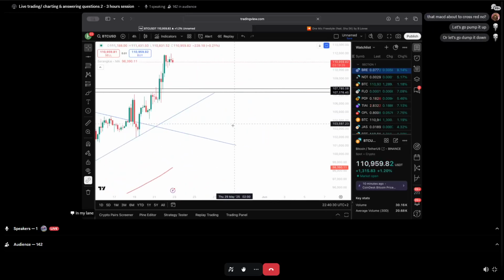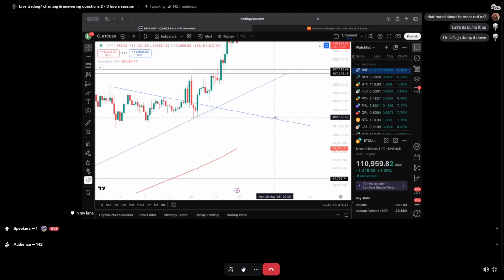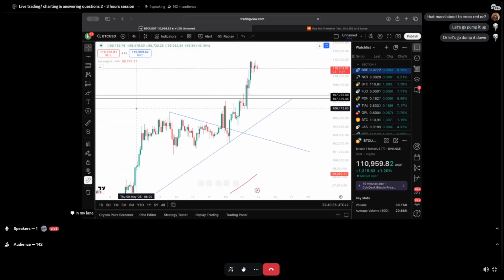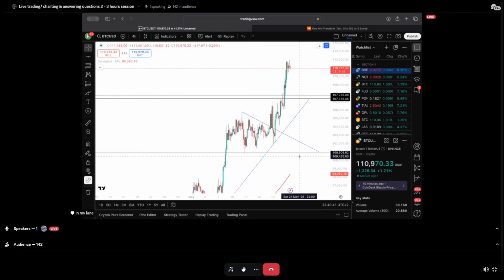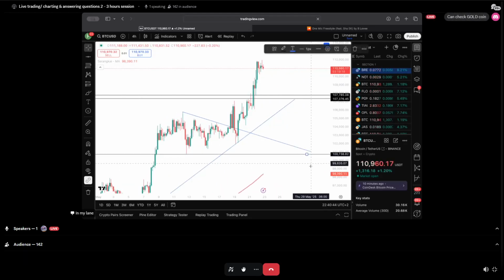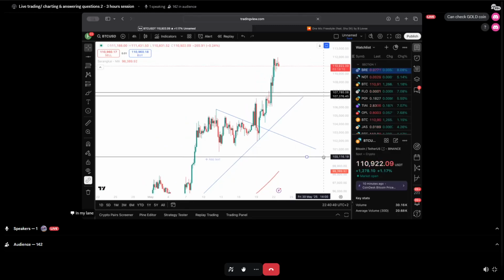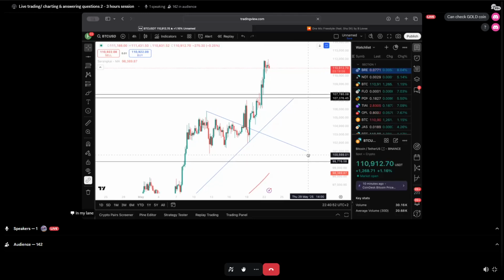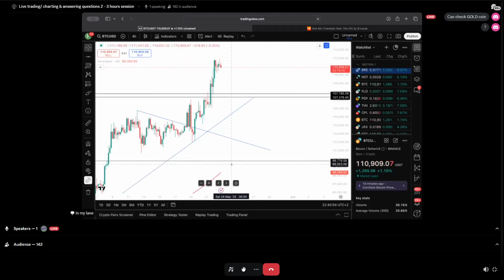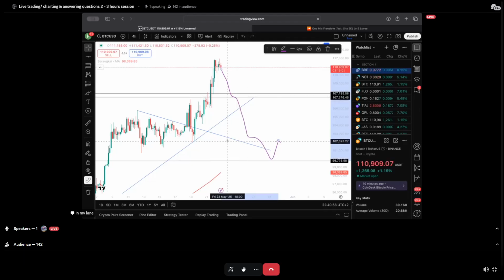Like this. Yeah, so I placed this level based on this trend line here, and also based on the MA200 on the 4H.